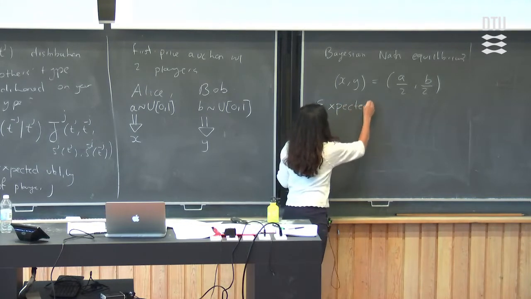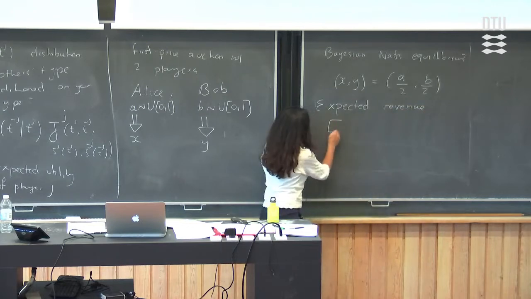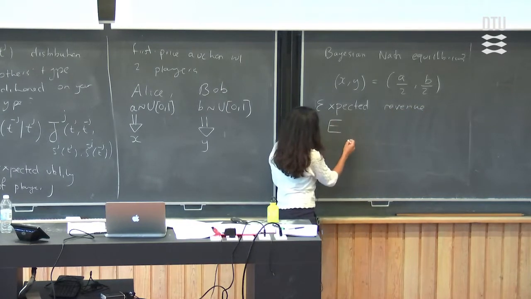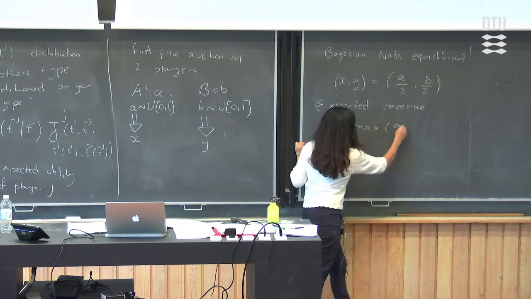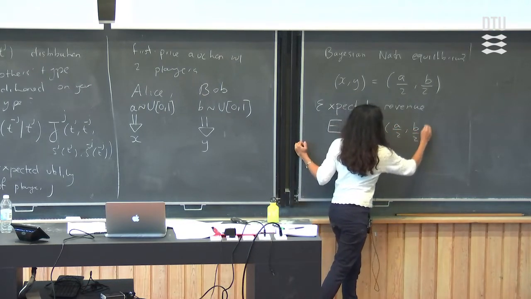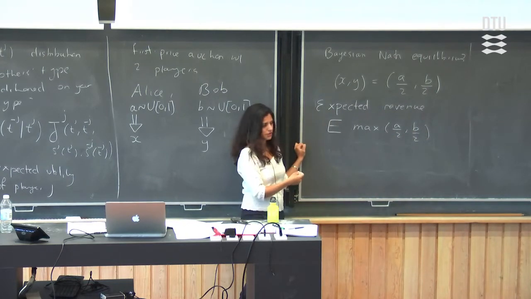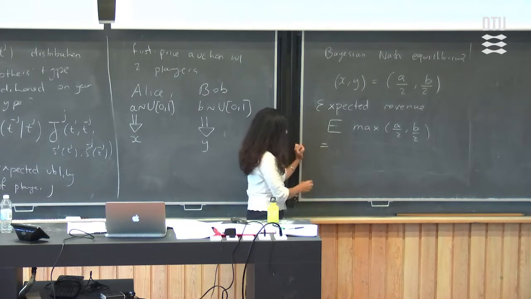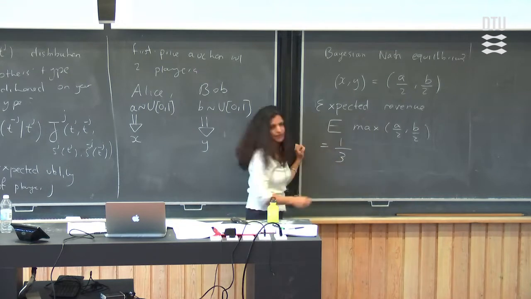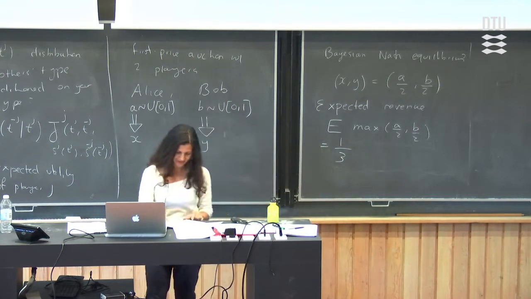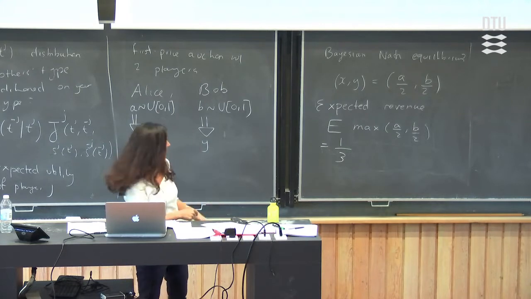The expected revenue for the auctioneer is the expected value of the max of A over 2, B over 2, given that these are two independent uniformly distributed numbers. If you calculate this, you get 1 over 3. Let me just double check. Was it 1 over 3 or 2? Again, the calculation is there in the notes.